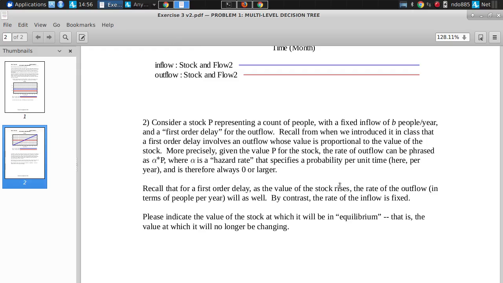So if this P were measured in persons and our time unit is days, what is this going to be measured in? Days, yeah. So what is alpha times P going to be? People per day, okay? And the unit of alpha is going to be 1 over day.